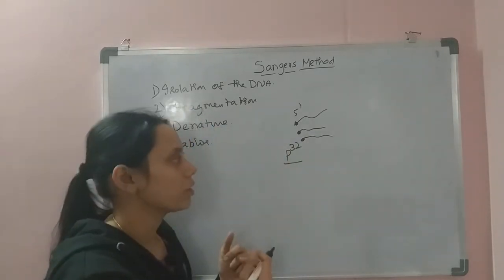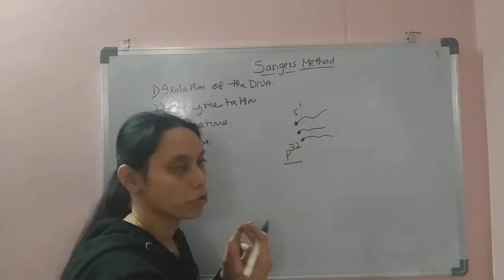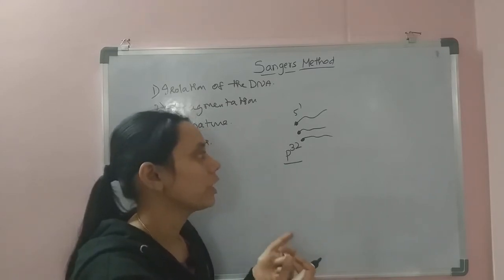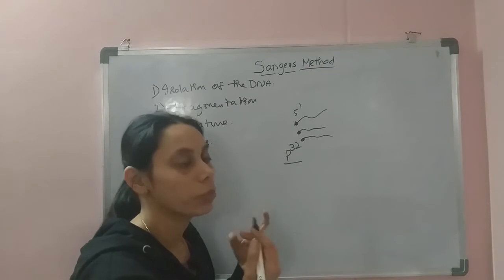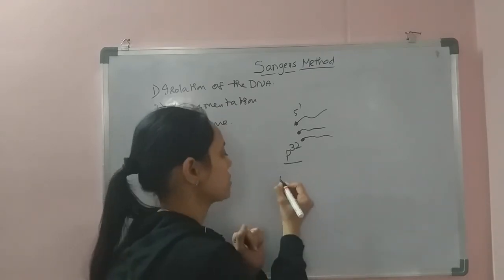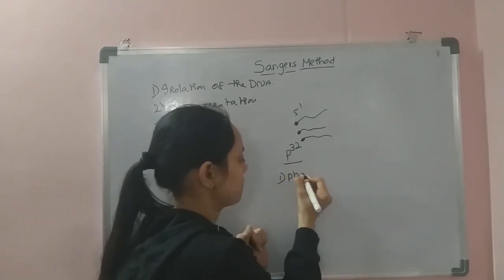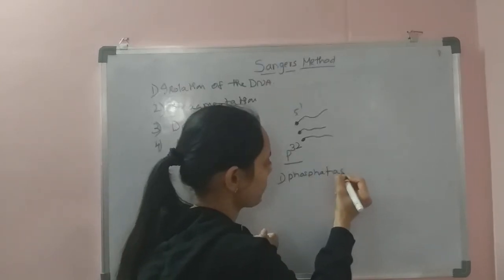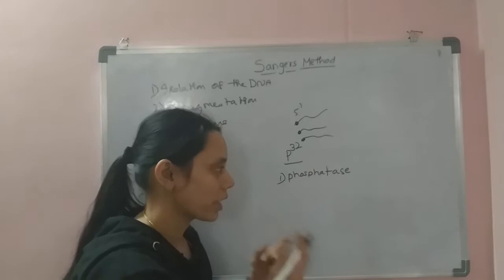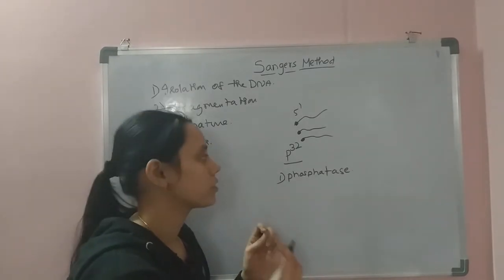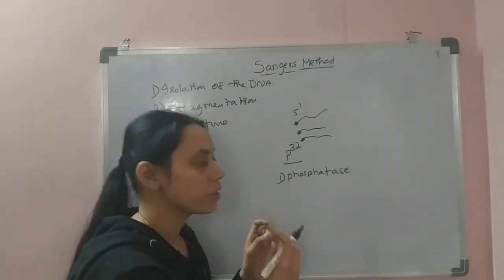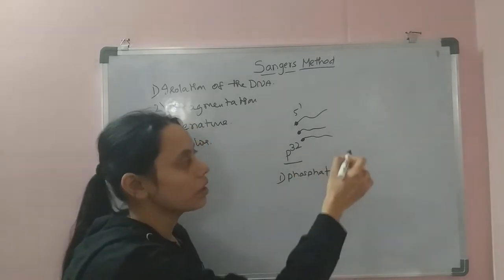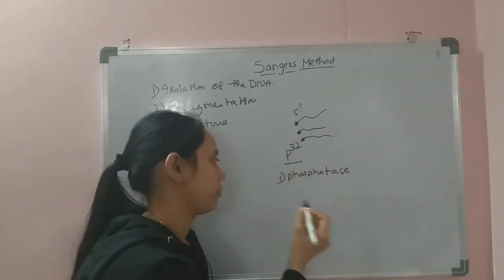This P32 radioisotope will be added onto the DNA fragments with the help of two enzymes. One is phosphatase, which removes the already existing phosphate moiety at the 5' end of the DNA.